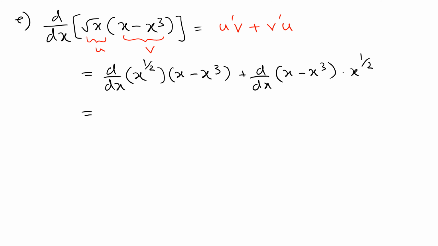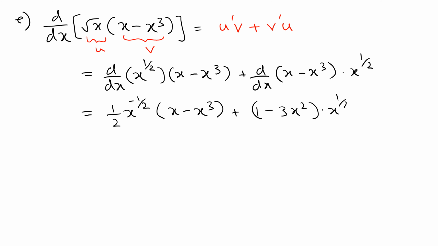Using the power rule, the derivative is 1/2 x to the, we subtract 1, negative 1/2, and then x minus x cubed, plus 1 minus 3x squared times x to the 1/2. So we're done with the derivative.